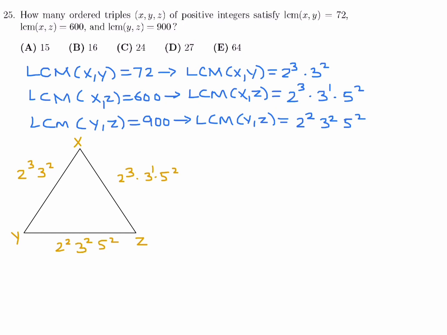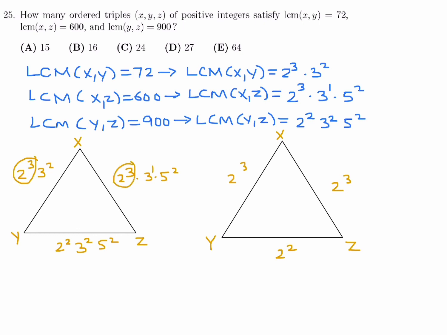All right, so now what we want to do is take a look at this one prime number at a time. So first, let's just start off with the 2's. And we'll then talk about 3's, and then at the end we'll talk about the 5's. So let's just look at the 2's. Well, it's 2 to the power of 3 here, 2 to the power of 3 here, and 2 to the power of 2 here.